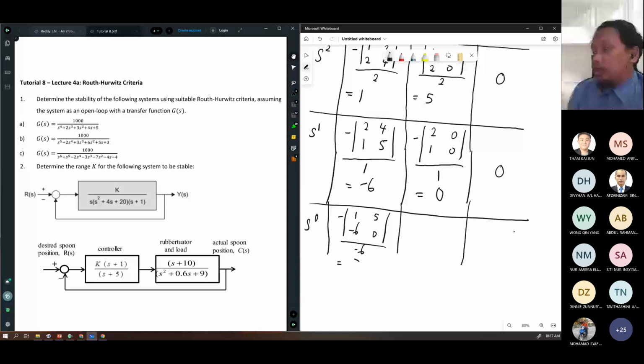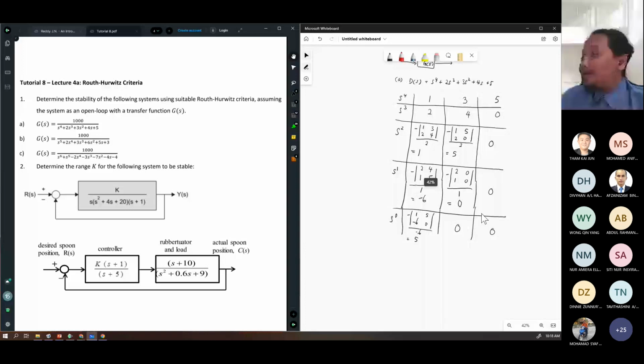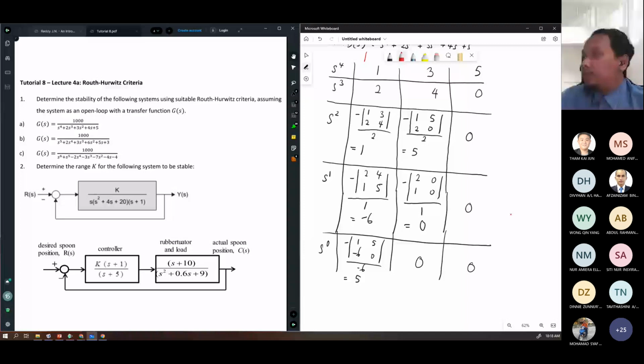Later on, you can check again, maybe I make some mistake. So then you can determine the stability by looking at the first column. So on the first column, you look here. So this is positive, positive, positive, negative, positive. So you have one sign change here, and then another sign change here.